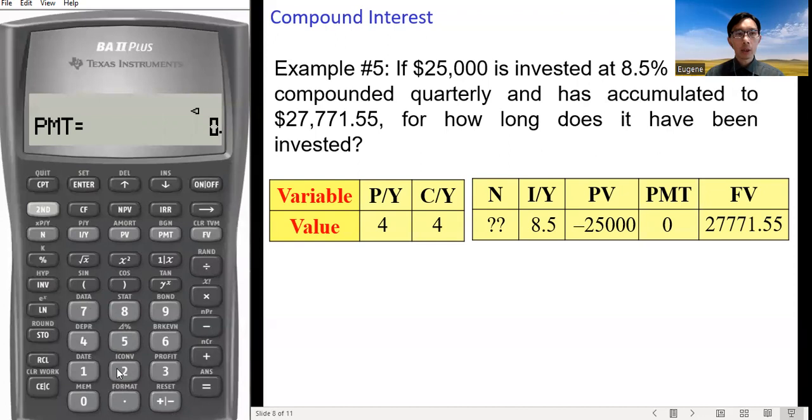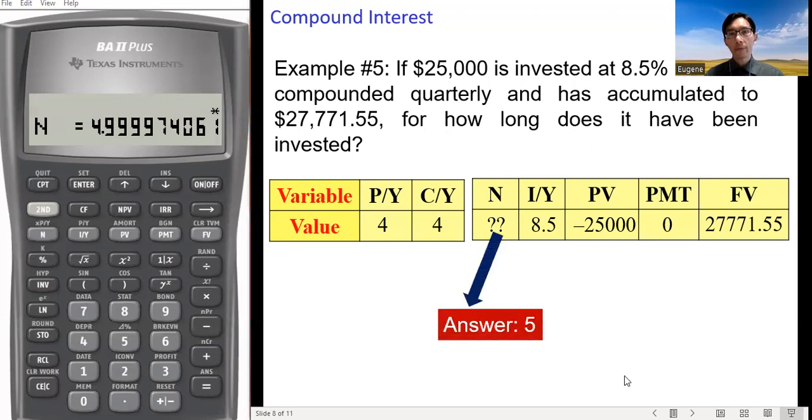And FV, 27,771.55. And then we can compute the value for N. We get N equals 5. What is the time unit? The time unit will be the same as the compounding frequency. Here, CY equals 4, or from the question, the interest rate is compounded quarterly. So the unit for N is quarters.